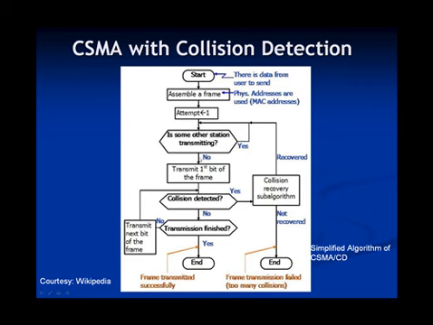Whenever it finds that the medium is free and no other node is transmitting on the medium, it will transmit only the first bit of that frame. Now why only the first bit? Because it has to find out whether the collision is happening or not. After transmission of the first bit, if it finds that collision has happened, it will go to the collision recovery sub-algorithm. Now what exactly is the collision recovery sub-algorithm and what all things will this sub-algorithm be doing?